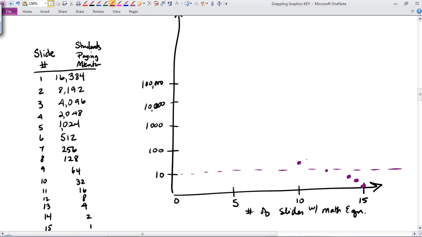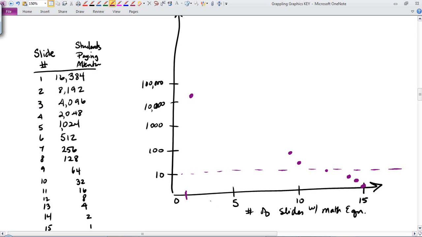But can you see it starting to shape up to be a bit linear? So then at 9, I had 64. Somewhere up in here. And I'm just going to go ahead and cut to the chase and say at 1, I had 16,384. So that's going to be somewhere along in here. So essentially, if I'll go down another one.